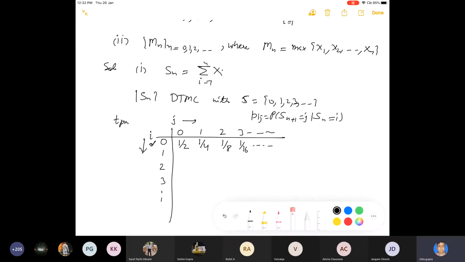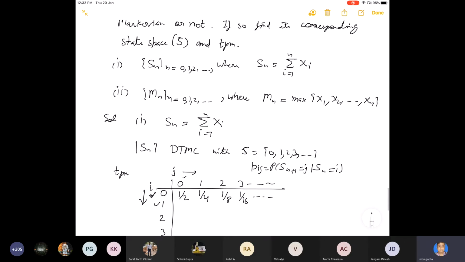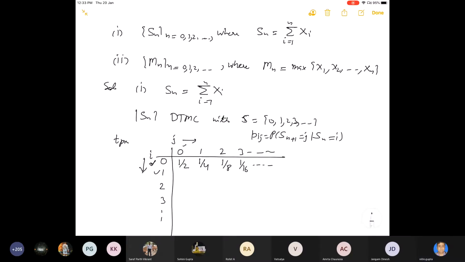Now the initial value is 1, final becomes 0. Because we are doing the summation and values taken are 0, 1, 2, 3 and so on, the value cannot become 0 in the next step. So that probability is 0.